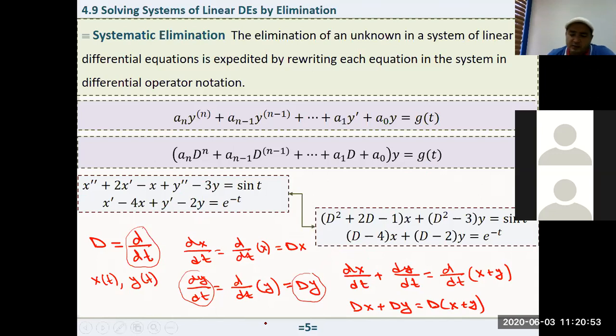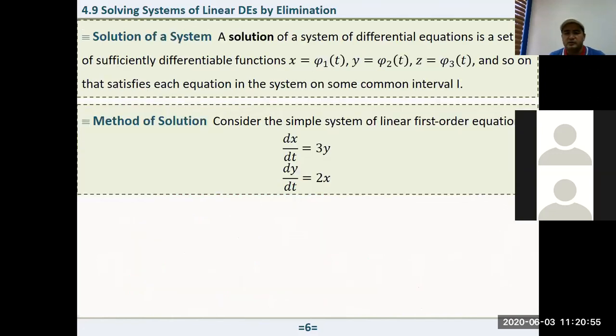Okay. So our topic here is to solve systems of linear differential equations. And we know that when we are solving a system of equations, whether it is a system of linear equations or any system, we need to find a common interval, that is the interval of solution.